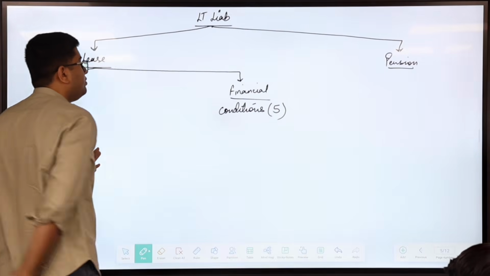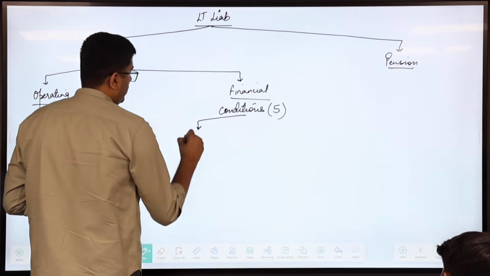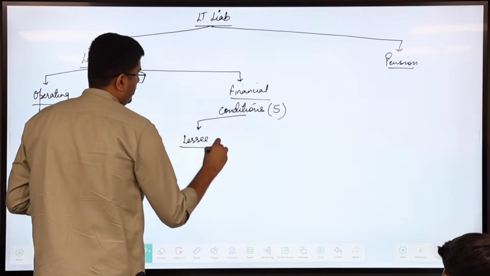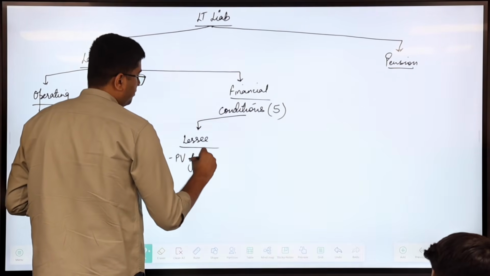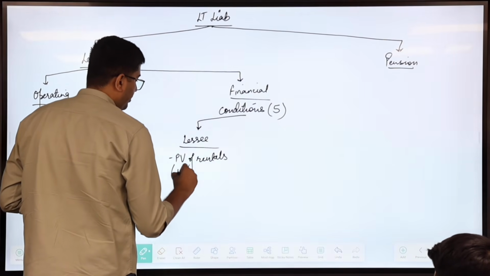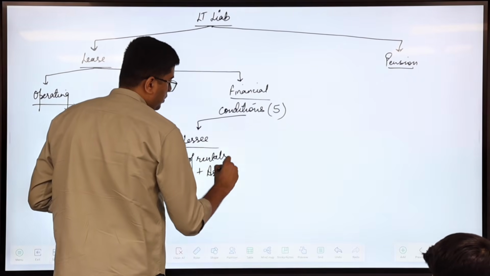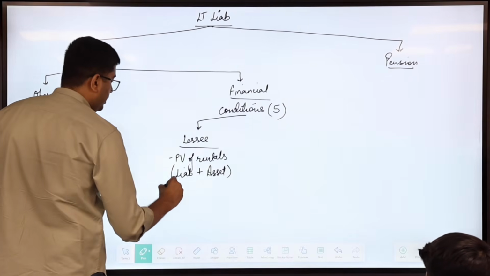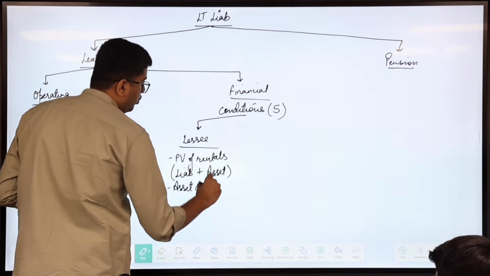So the 5 conditions are important. From these conditions, reporting for the lessee: the present value of rentals will be reported as both liability and asset. The asset is depreciated as per its own method.